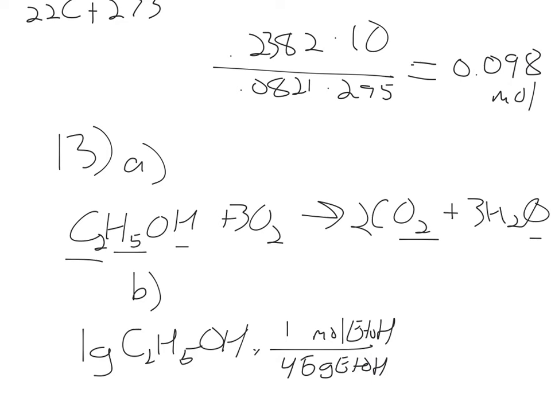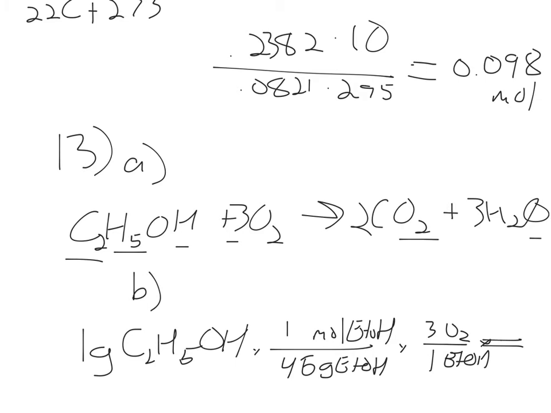Okay, times, and it looks like it takes 3 moles of oxygen for every mole of ethanol. So it's going to be 3 of these to 1 of these. That's O2s to ETOHs. Does it say grams? No, it just needs moles of oxygen, actually, so I'm putting an equal sign there.